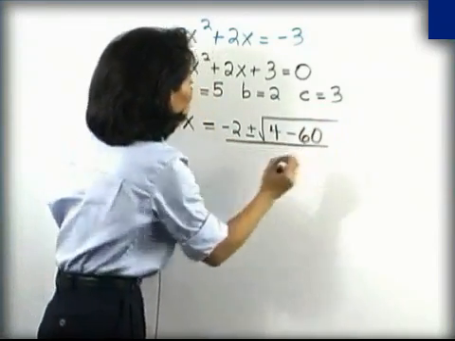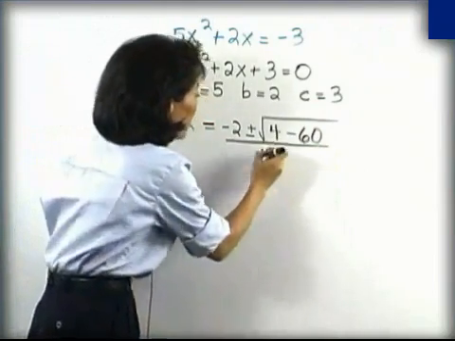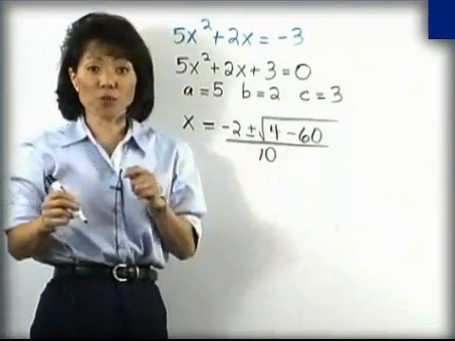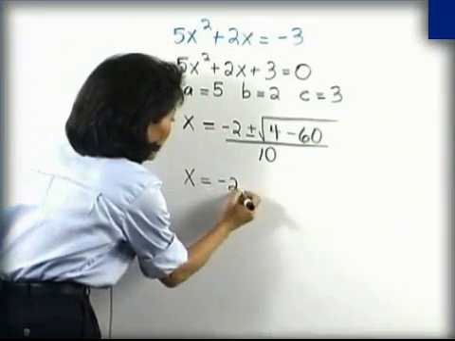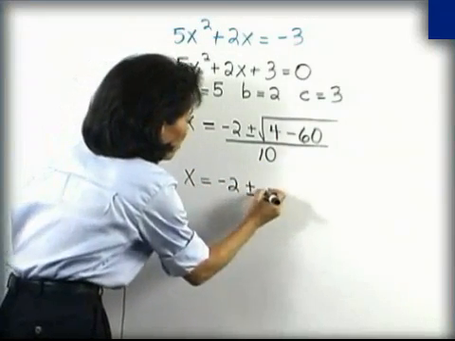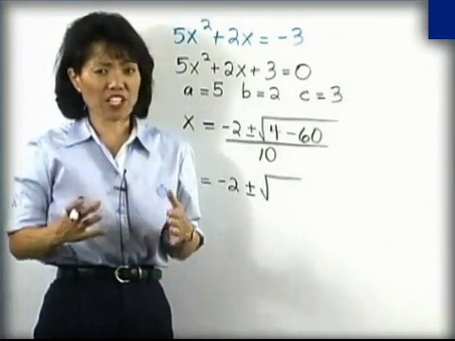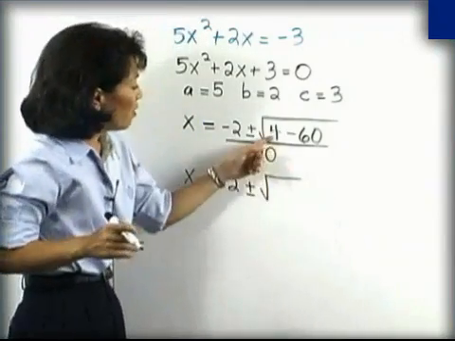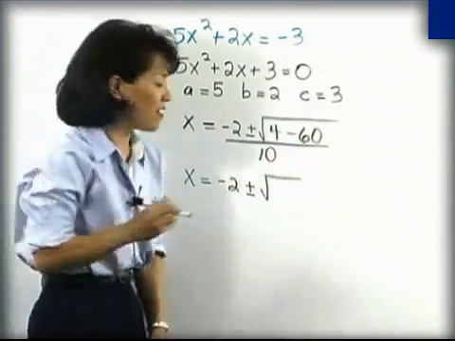All over 2 times a, which is 10. Now we need to simplify under our radical sign. X is equal to negative 2 plus or minus the square root of, are you noticing something odd? 4 minus 60 is negative 56.